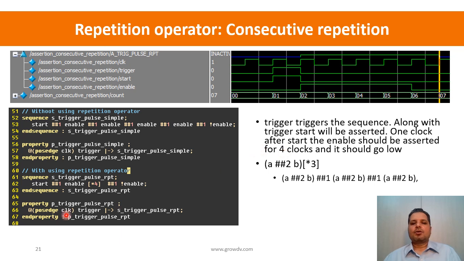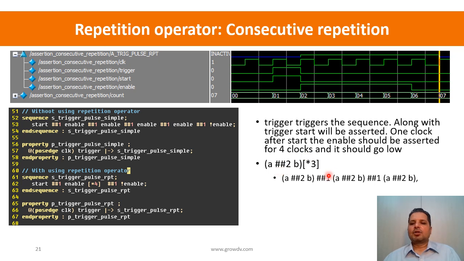Now here we are using a simple Boolean expression. We have used enable, and in the square bracket star 4, which represents the 4 consecutive cycle assertion of our enable signal. But it need not only be a simple Boolean expression, it can be a sequence as well. For example, I could be saying a delay operator with 2 clocks, 2 sampling events, with B, and this is a sequence.